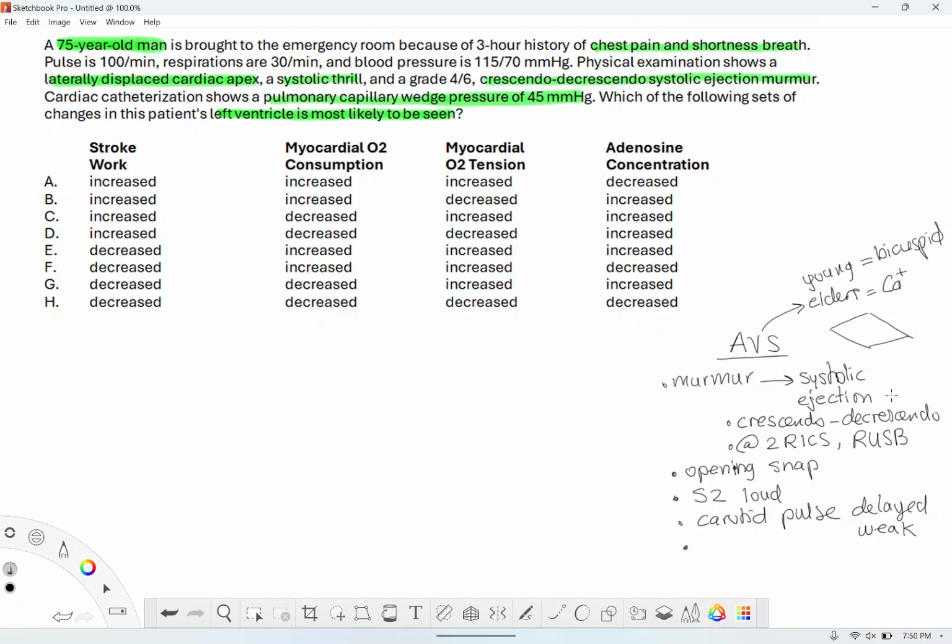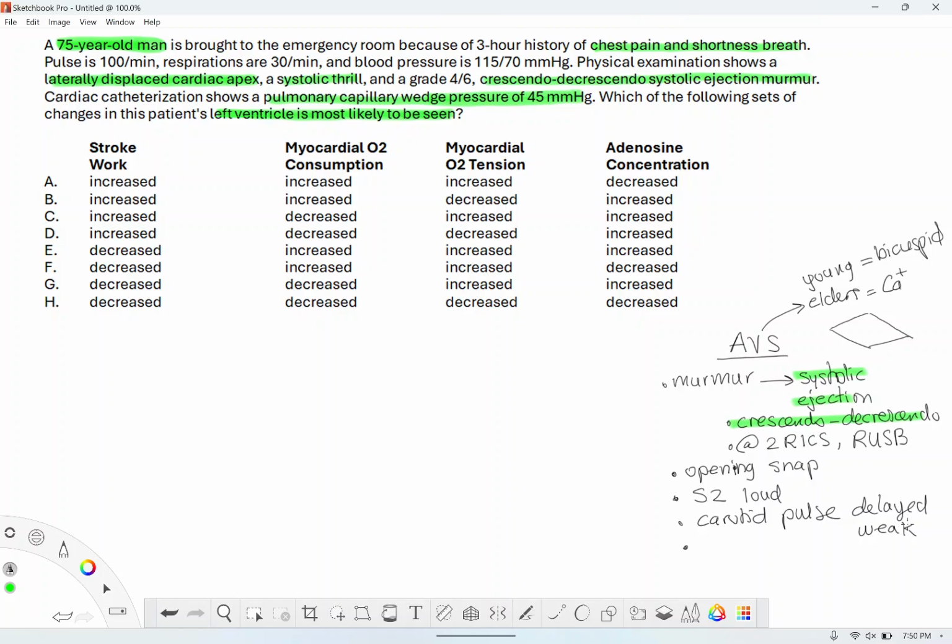Okay, so do we have that? So far in this question, we have a crescendo decrescendo murmur, we have a systolic ejection murmur. There is no opening snap, there's no delayed carotid stroke, nothing like that. So what did they give you?